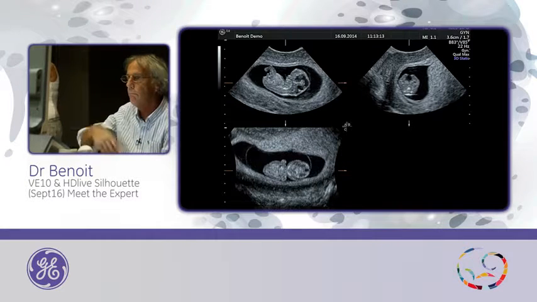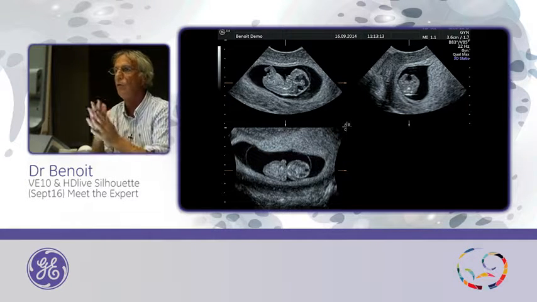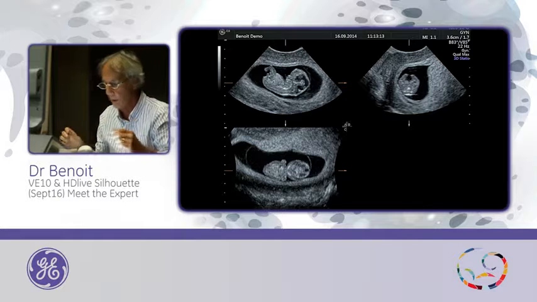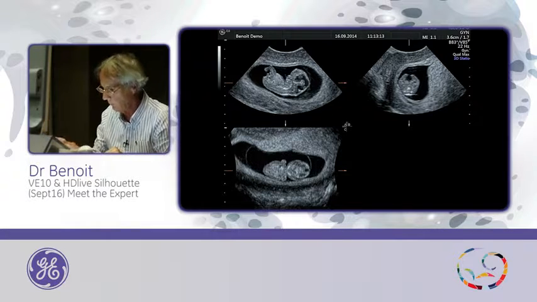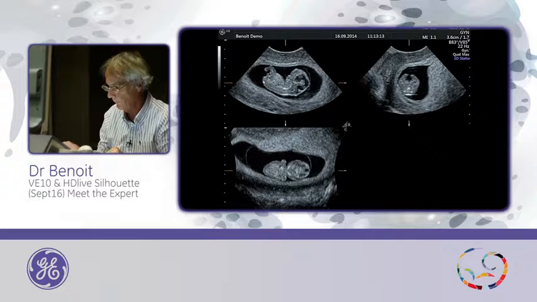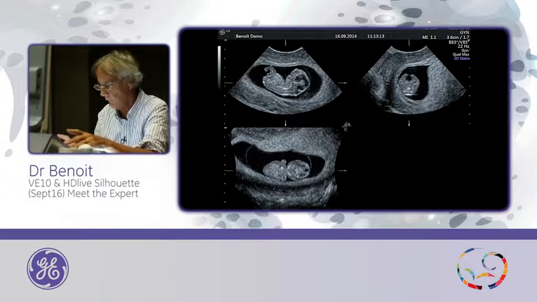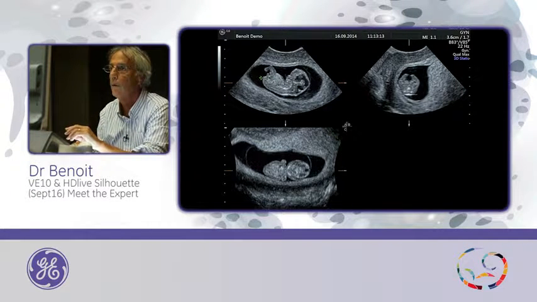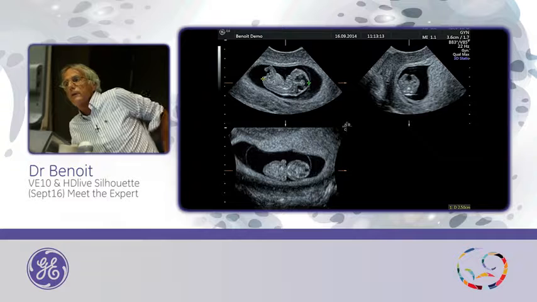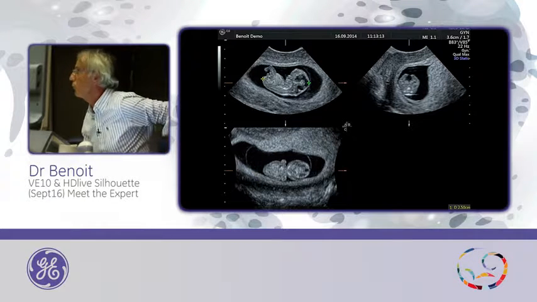Because of the shape of the head, it's around 9 weeks of pregnancy. And if we want to know it, the best is to do the measurement. So we will do it from here to here. It's 25 millimeters. That means it's 9 weeks and 2 or 3 days.